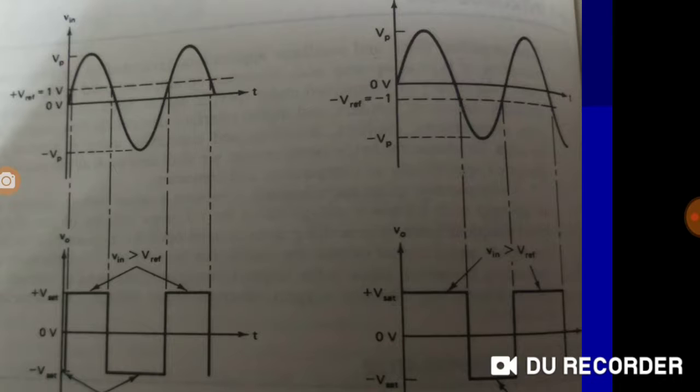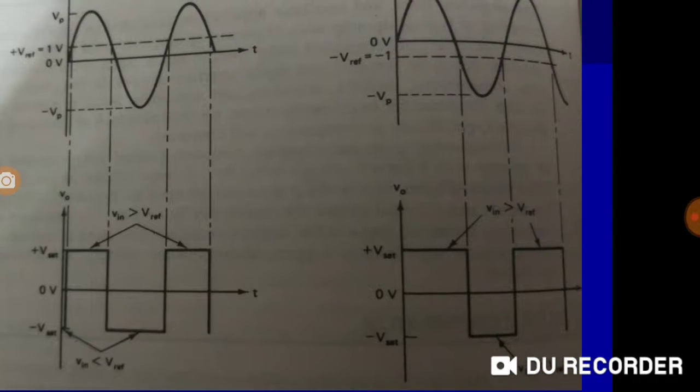Now, since the V reference is minus 1, of negative value, the output starts conducting right at the start, because the input signal already has a value greater than minus V reference. That is why it is conducting here, and it is always at plus Vsat.